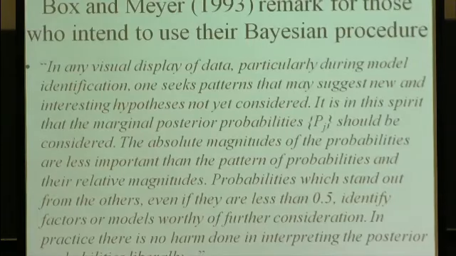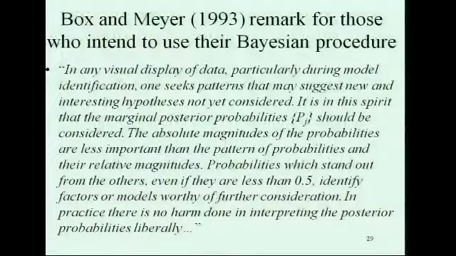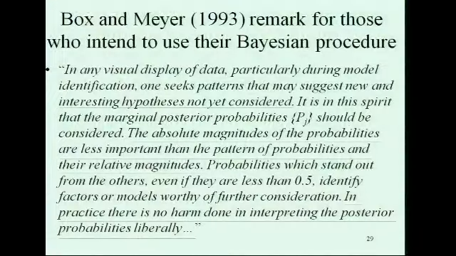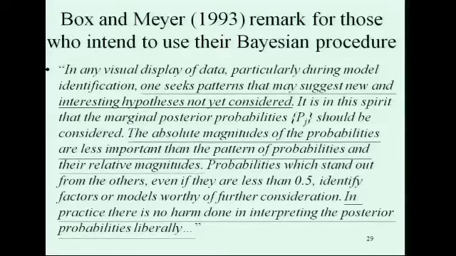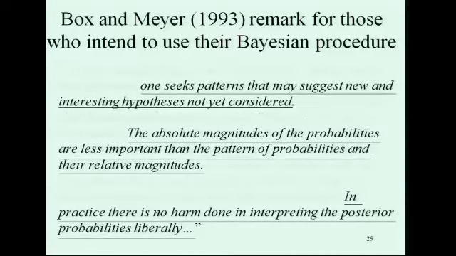So I found it useful to share this remark that I extracted from the paper. I'm going to highlight what I think is most important here. When we are using the posterior probability, what we are really seeking is patterns that may suggest new and interesting hypotheses not yet considered, such as B could be a factor that is not so evident as A, D, and E, but could present some changes in the response mean.